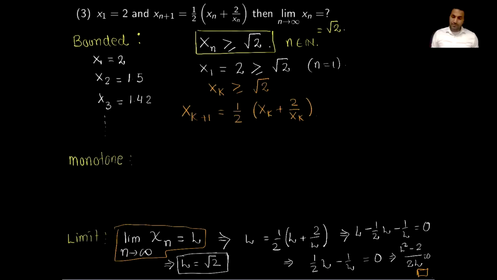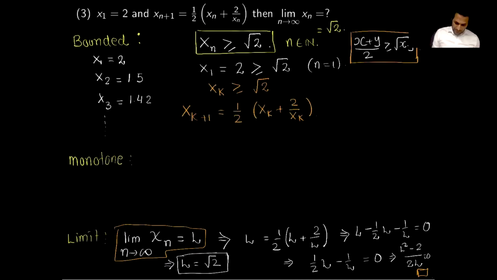To prove this, I will use a very important inequality, which says that if you have two real numbers, the arithmetic mean of these two real numbers is always greater than or equal to their geometric mean, the square root of x times y. So I will use this important result to prove that my sequence satisfies that relation.